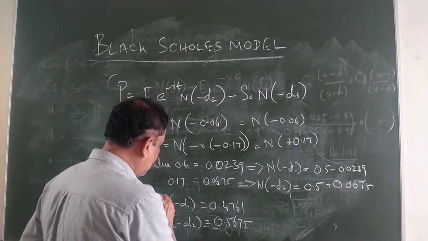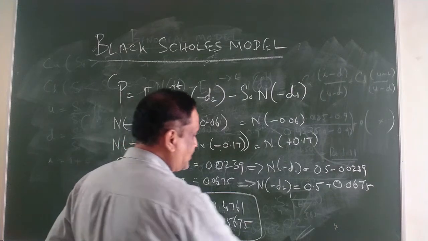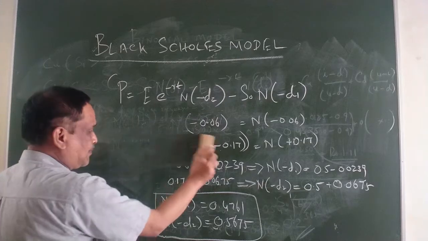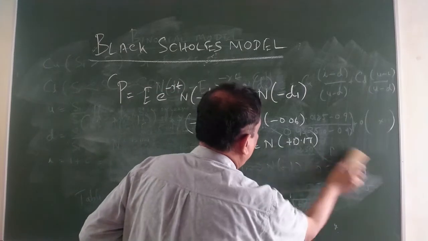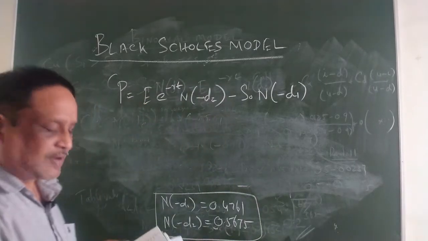We have calculated N of minus D1 and N of minus D2. Let us apply the formula to get the put option value.